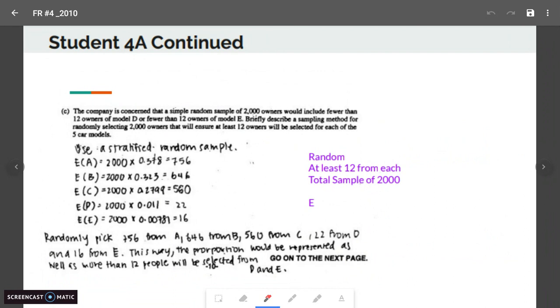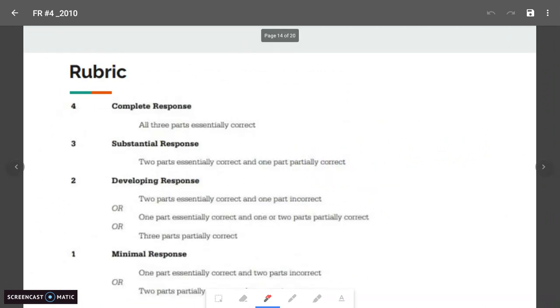And notice they're picking that so it's in the same proportion as the values that they had in the beginning. So it definitely is at least 12 from each. It says random. And if you add up all those values, it gets you a total of 2,000. So it covers all 3 pieces there. So I don't really have to go into this too much, but we see that all 3 are essential. So we would have gotten a 4. Or that student did get a 4.